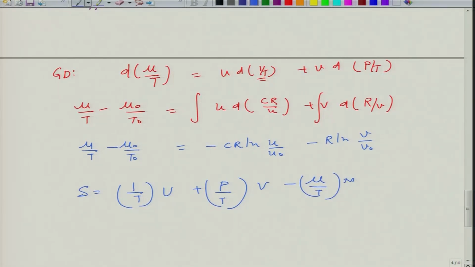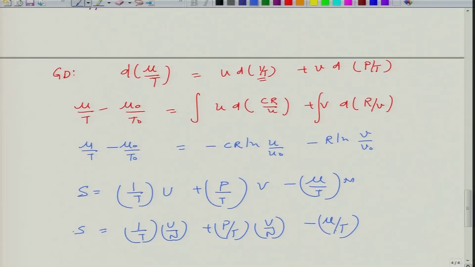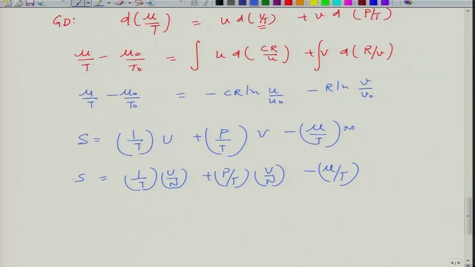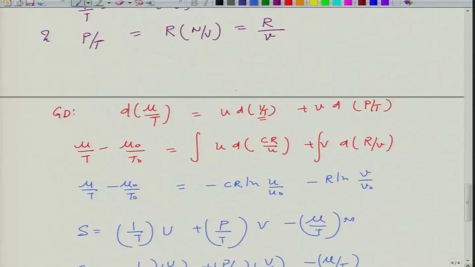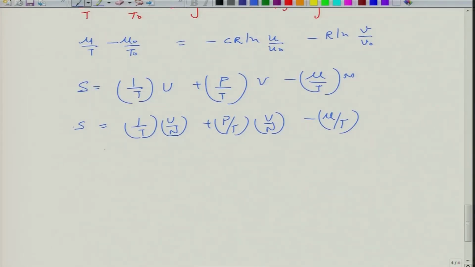So, I can obtain a molar entropy expression, because if I divide this by N, I am going to get small s as (1/T)(U/N) plus (P/T)(V/N) minus mu/T. Okay. Now you can put in the expression for 1/T. If you see this expression, 1/T is nothing but C r by small u. If you plug in here, you can show that this is nothing but (C plus 1)r minus mu/T. So, this is your small s. Okay.